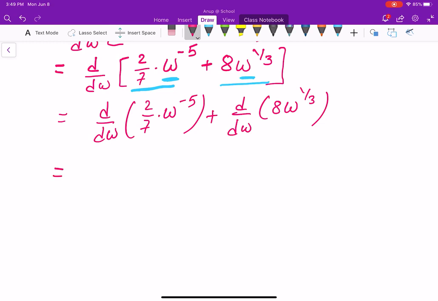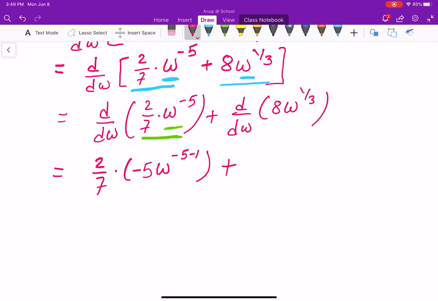The derivative of the first term can be figured out by using the constant multiple rule. We can take the constant 2 over 7 out, times the derivative of w to the power minus 5 by using the power rule. That will be negative 5 times w to the power negative 5 minus 1, right?